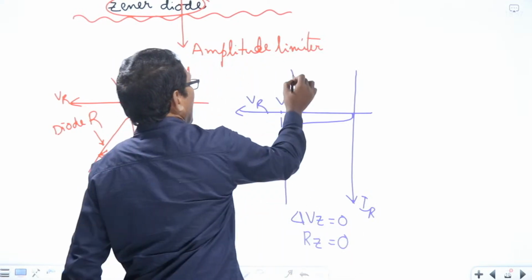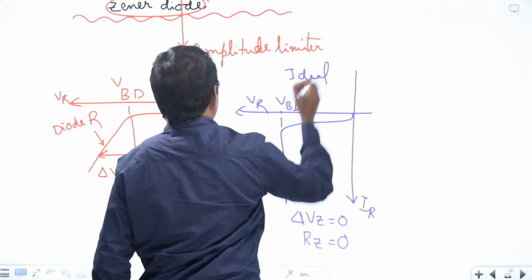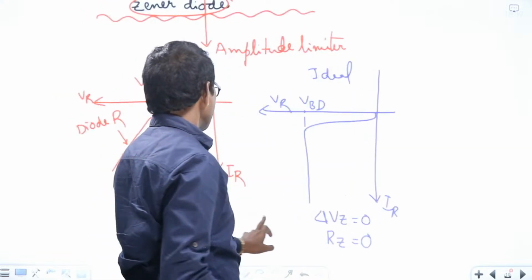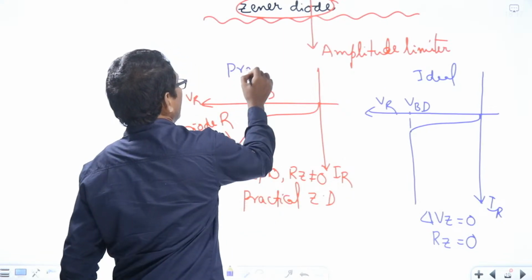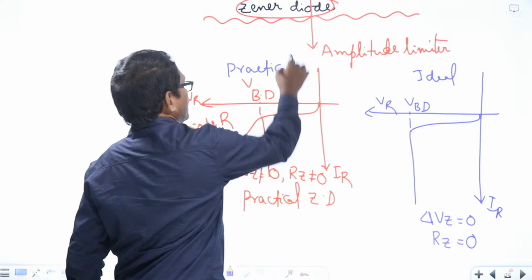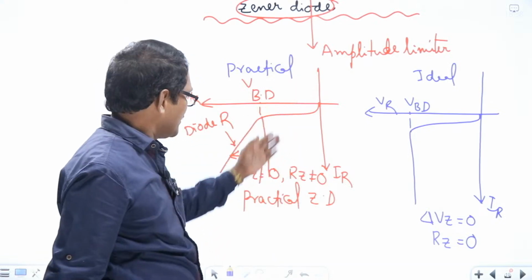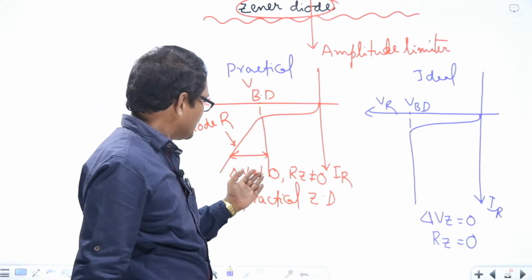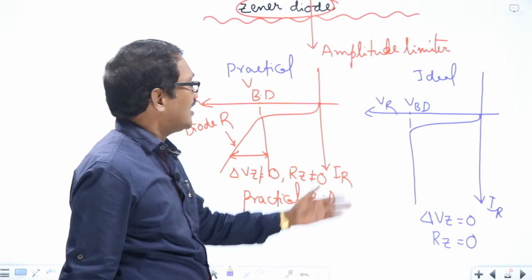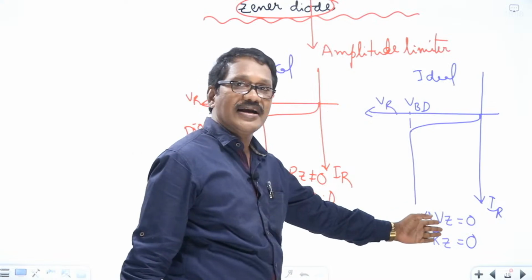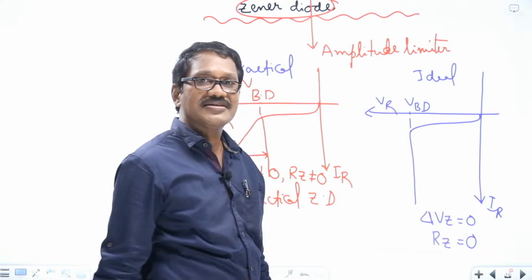This is the ideal Zener diode, and the other one is the practical Zener diode VI characteristics. For a practical Zener diode, delta Vz is not equal to 0 and Rz is not equal to 0. For an ideal Zener diode, delta Vz is equal to 0 and Rz is equal to 0.